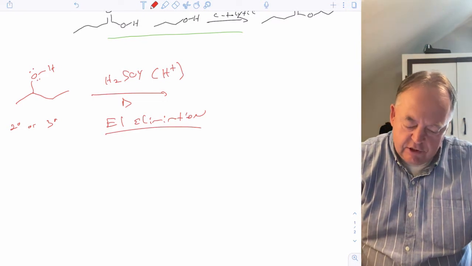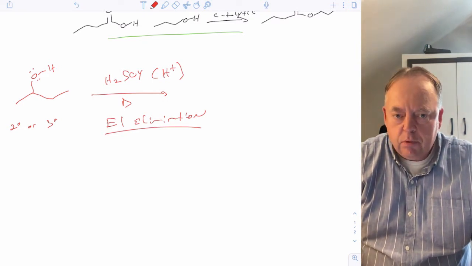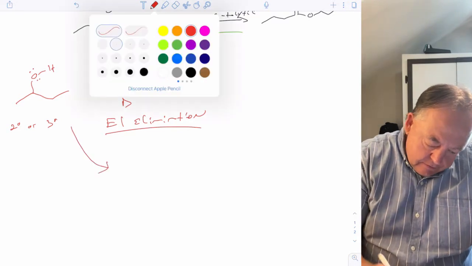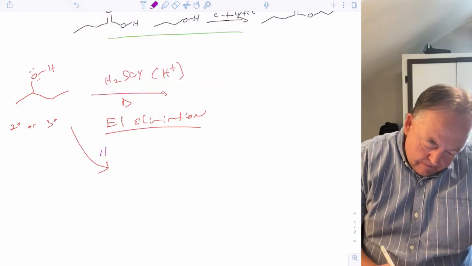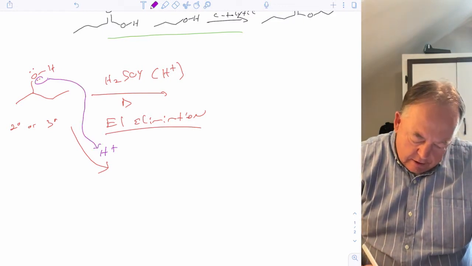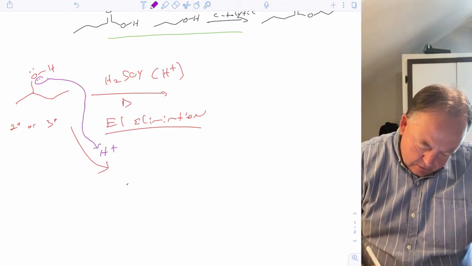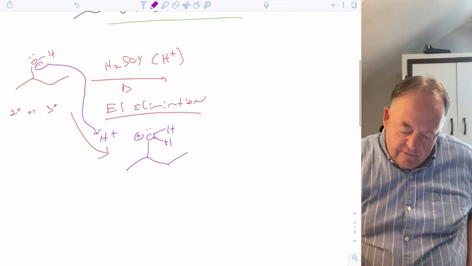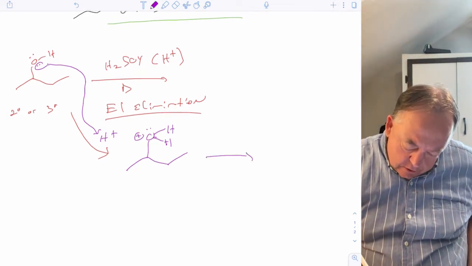So anytime you see H2SO4, you can just think of it like H+. And so what's going to happen here, you'll pick up a proton on the alcohol. Right, so now you have a good leaving group, and that's going to leave.